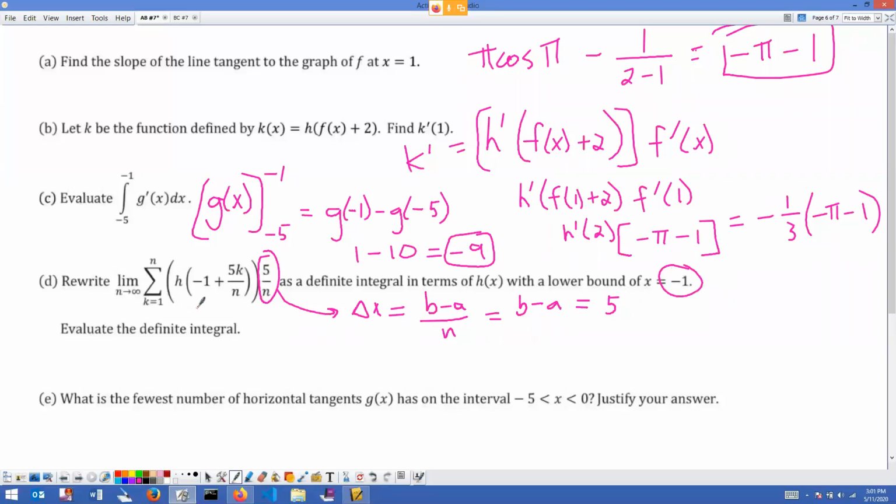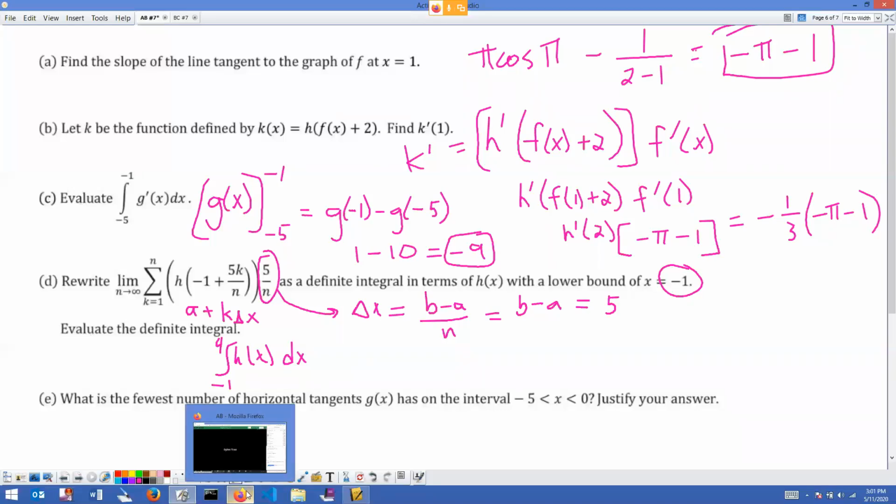We could have figured that out because this is always a plus k delta x, so the a value is -1. But this integral is the integral from -1, and then 5 units from -1 is 4. So the integral from -1 to 4, and our function is h of x. Everybody good with setting that up as the integral from -1 to 4 of h? Any questions on that part?